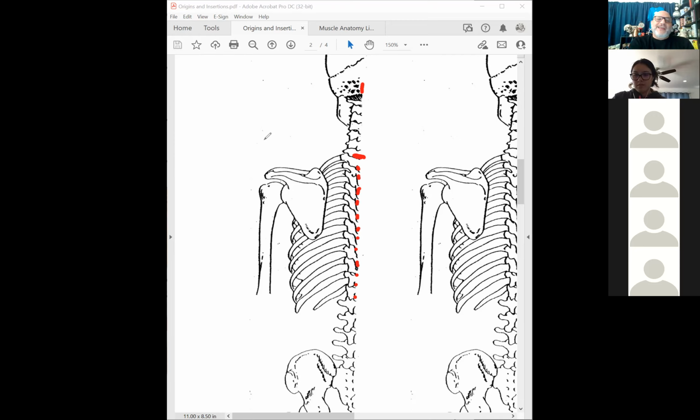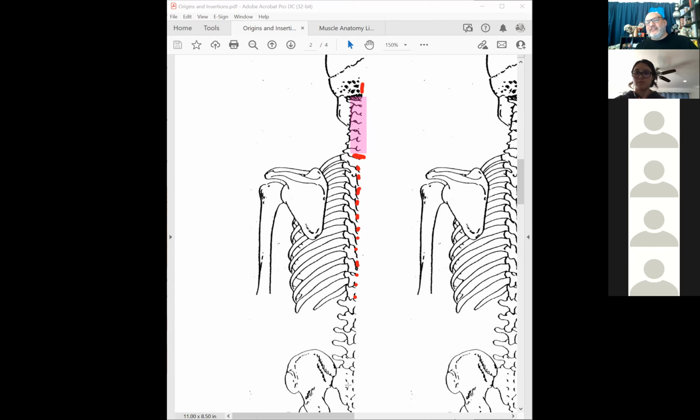However, we do want a continuous insertion. So what actually happens is that we have a big, huge elastic ligament located in the back of the neck region, which, if you remember from when we were talking about the elastic connective tissues, we called the ligamentum nuchae, because this is the nuchal region of the body.